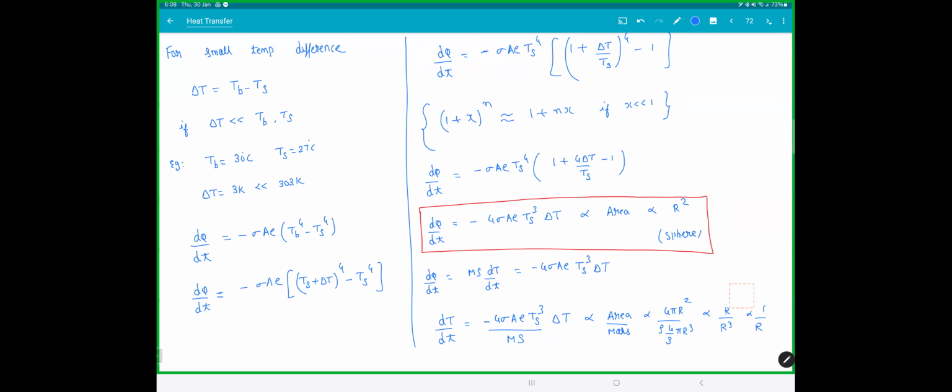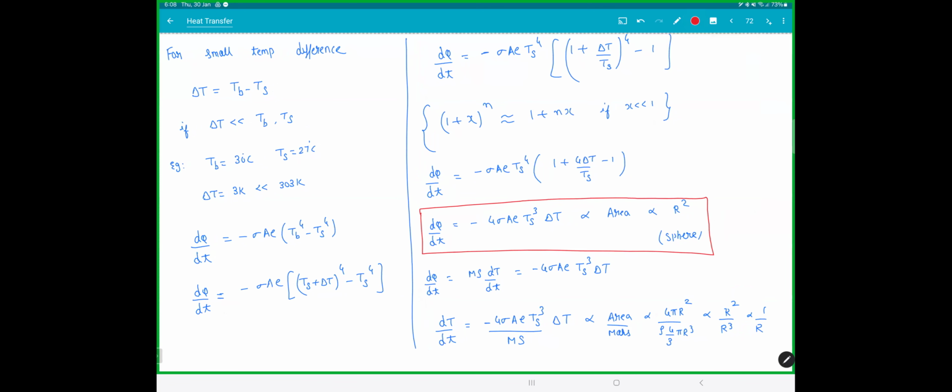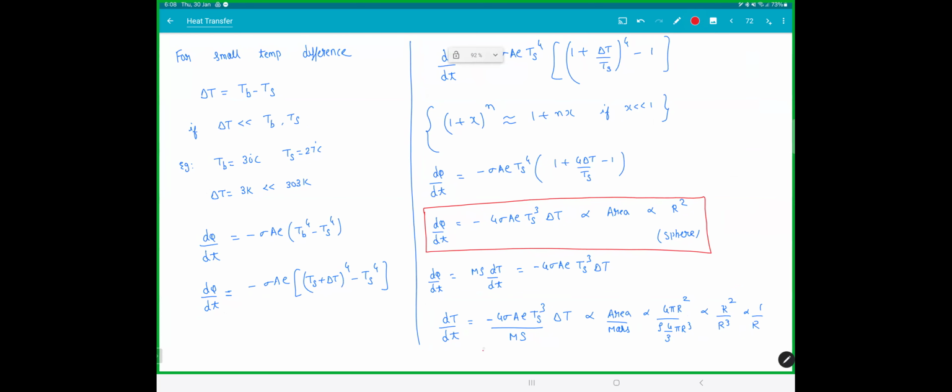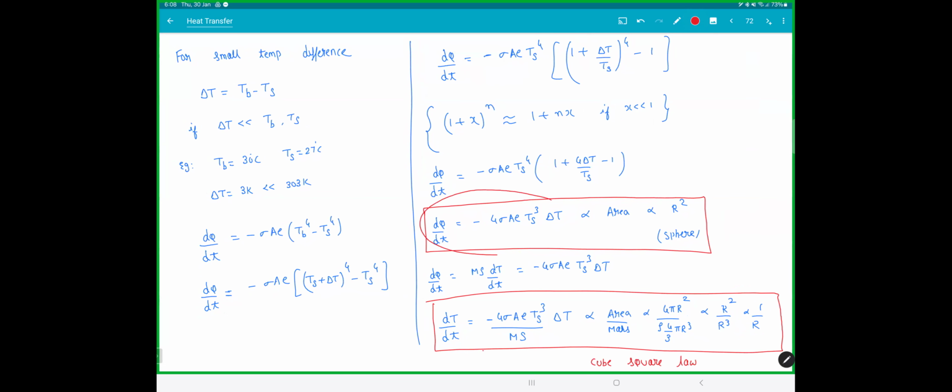I'll show you a question on this, then we will discuss in detail how this really affects things. We humans are not actually interested in heat lost per second, we are interested in temperature. Quite a useful one: the cube square law. There's a cube and a square. The ones I circled are important, you can put them down. You should definitely remember them. Derivation is not important; in the exam you won't have time to derive all this.